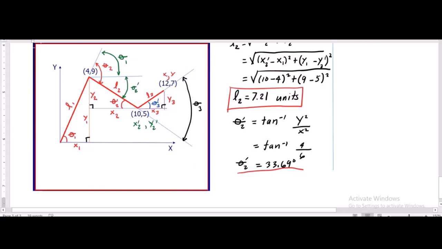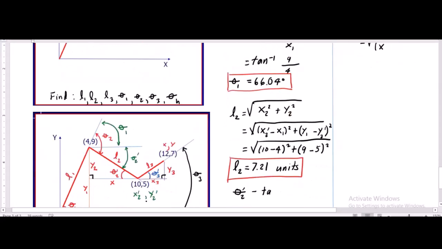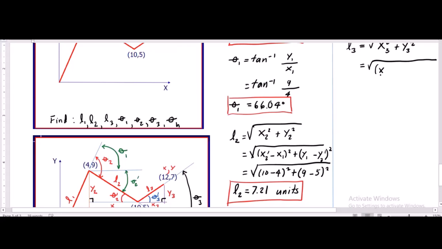So if we subtract x, from here to here, minus the x2 prime, from here to here, will give you x3. So x, I will write here x, subtract that with the x2 prime, minus x2 prime square.